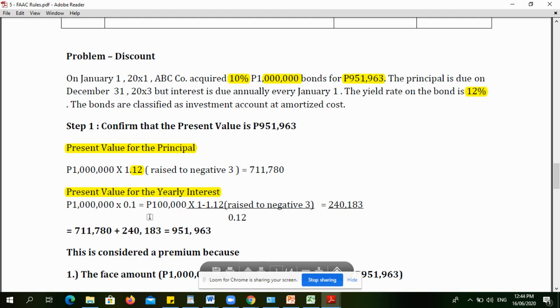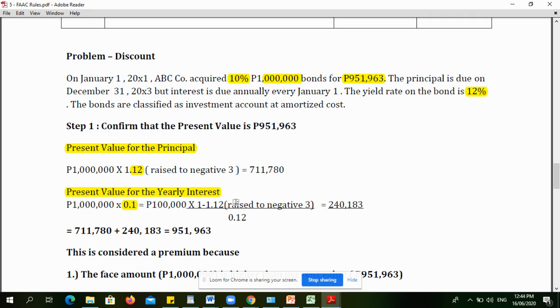And then, let's go to number 2, the yearly interest. The stated rate is 10%. The assumption here is every end of the year, we will receive 100,000 pesos. So again, we need to find the present value of this annuity.